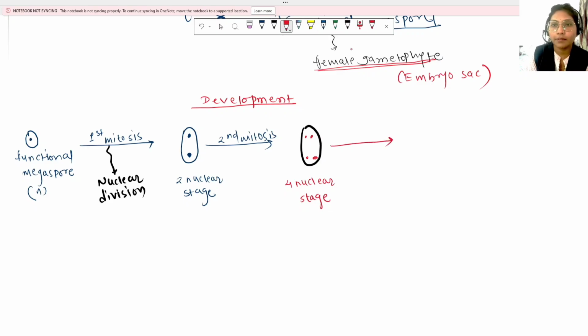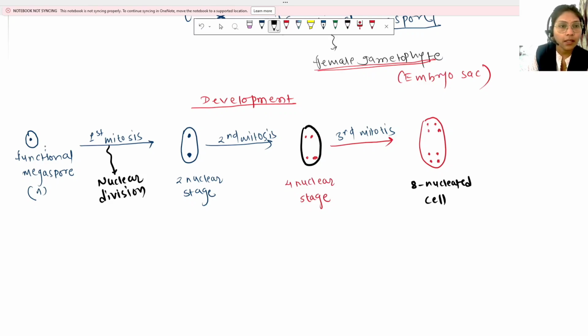And the third mitotic division will result in 4 nuclei on the upper side and 4 nuclei on the lower side, and this is an 8 nucleated cell.